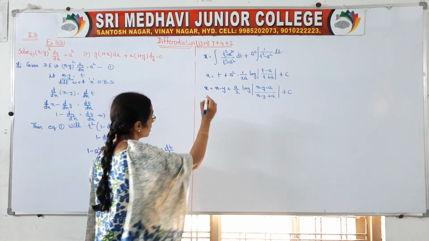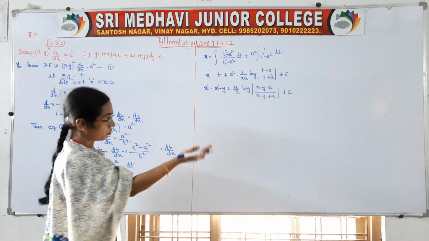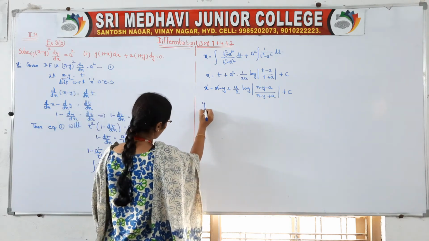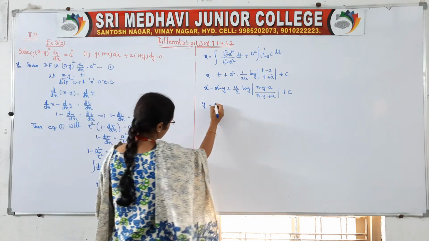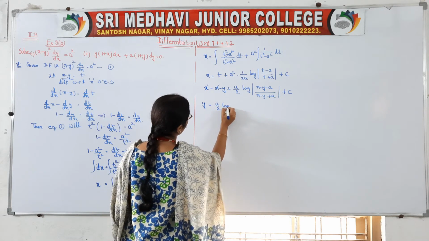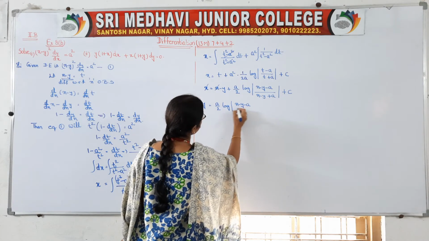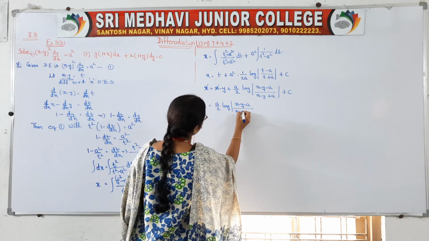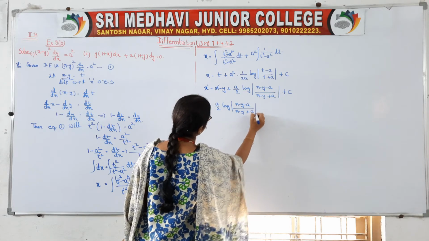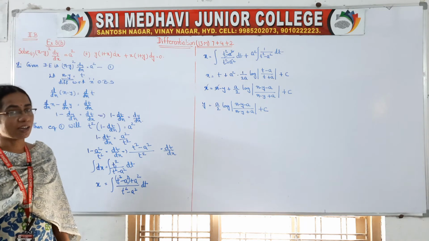So this x cancels, minus y is there now, so bring this to this side so that it will be positive: plus y is equal to a/2 log of (x − y − a)/(x − y + a) plus c. That is the answer.